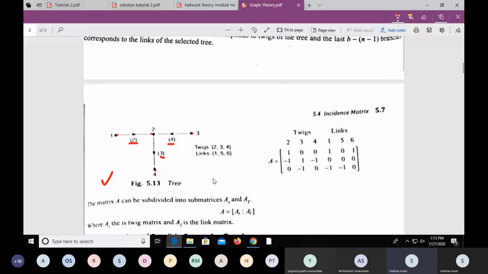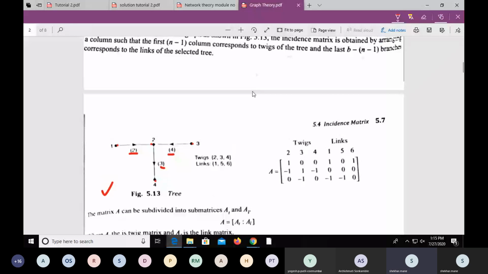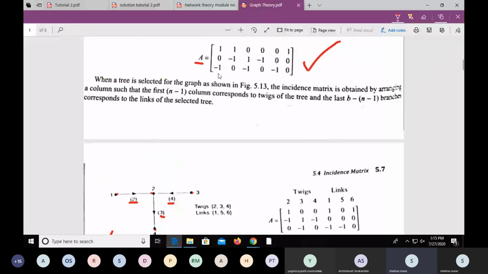So we can rewrite this. See, this is actually 1, 2, this is 3, 4, 5, and 6, the branches.